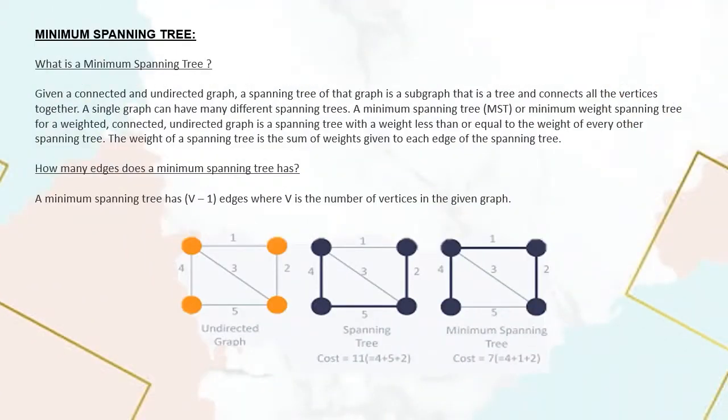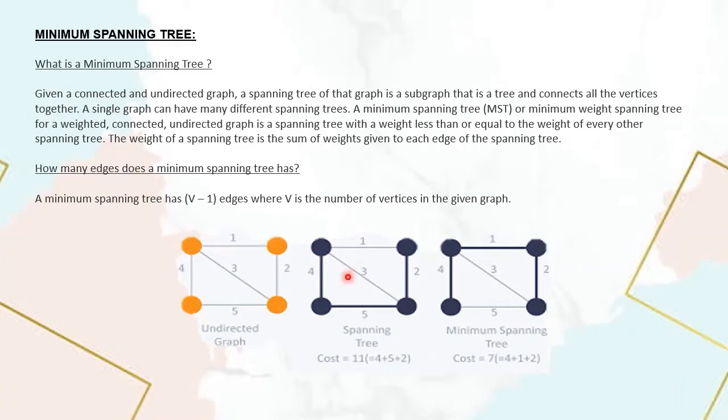Now, the first fundamental topic to cover before getting into the algorithm is the minimum spanning tree. A minimum spanning tree is basically a spanning tree with the minimum amount of weight compared to all the other spanning trees which can be made from a particular graph.